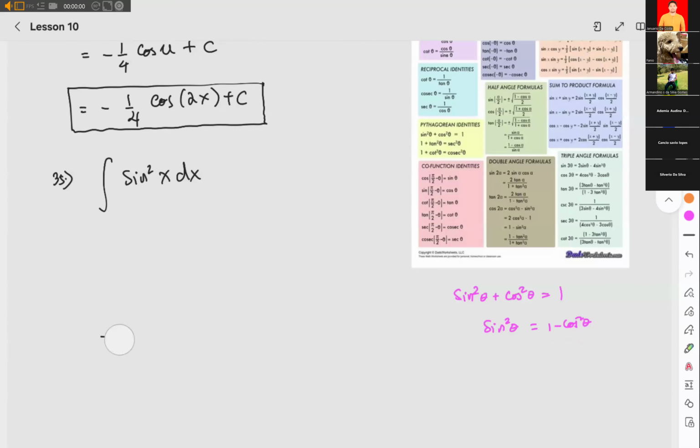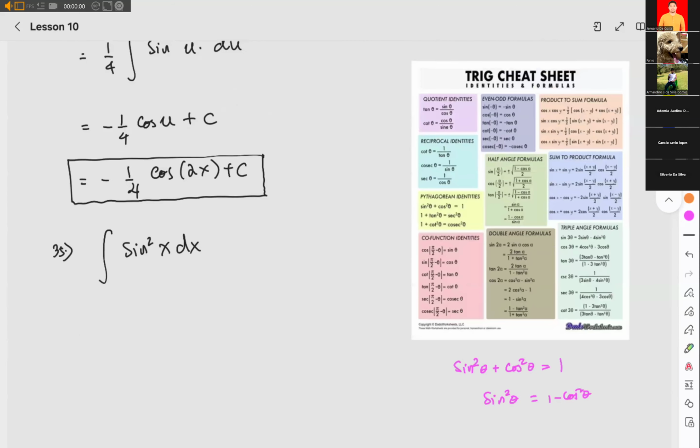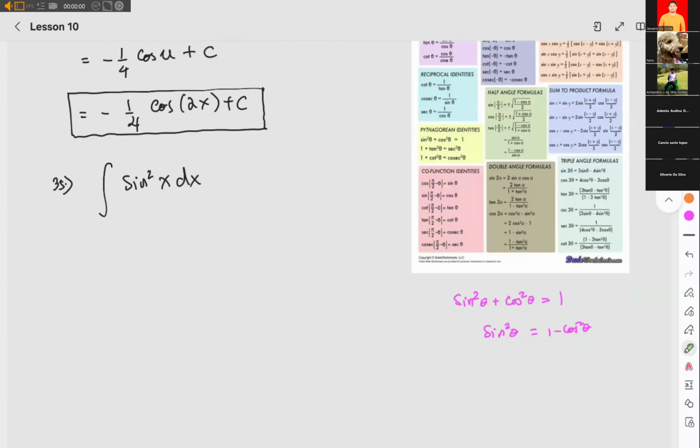Okay, so how do you best solve this? Let's use the double angle formula. You know that cos of 2a is equal to 1 minus 2 sine square of a. So I can just move it around.